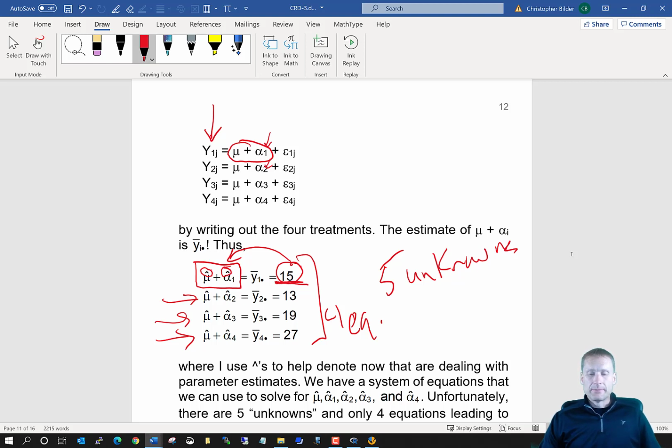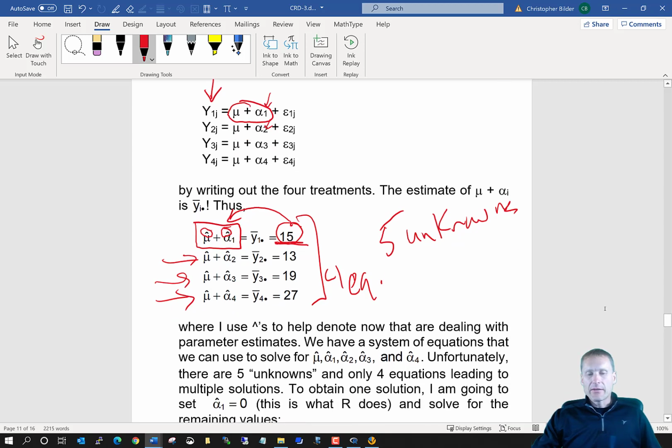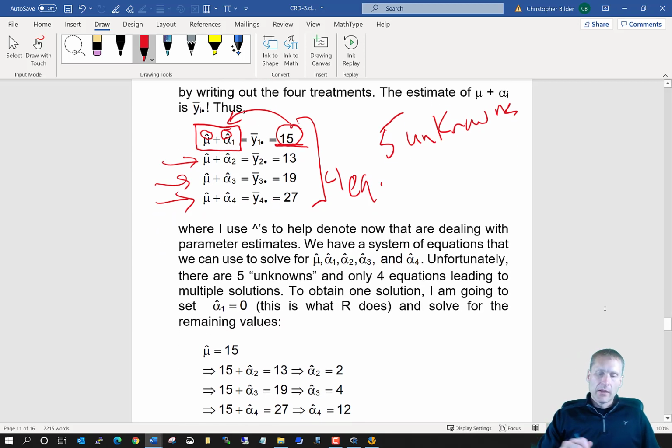So what can we do? Because I still want these estimates. Well, how about we make one of these unknowns known? We're going to let alpha hat 1 be equal to 0. I could have used alpha hat 2 to be 0, or alpha hat 3 to be 0, and so on. I'm going to choose alpha hat 1 to be equal to 0. I'll explain a little more why later on.